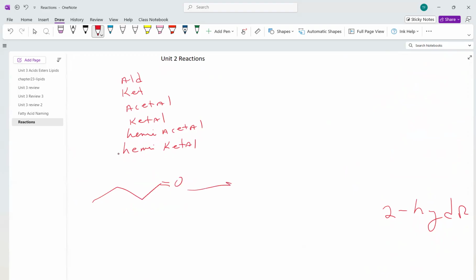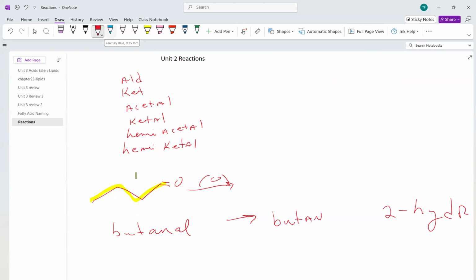What if we oxidize an aldehyde? What do we end up getting? This is actually Unit 1 as well. What happens when we oxidize an aldehyde? What do we get? The backbone's the same.